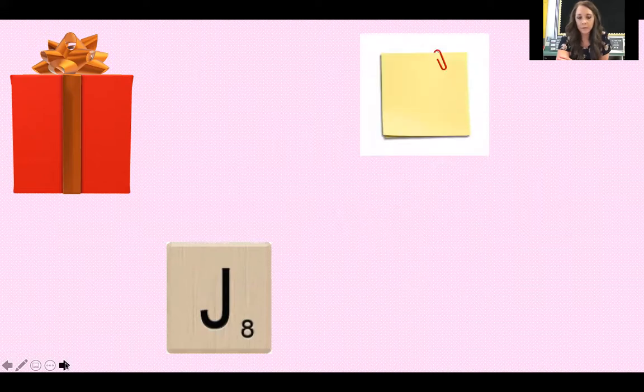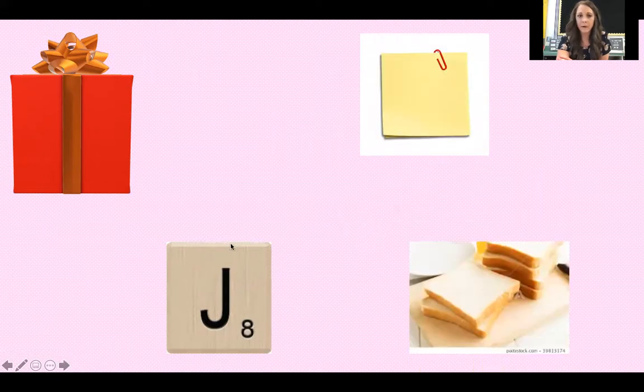Oh, there's a present. Ooh, I hope it's a birthday present for me. This is a Scrabble tile from a game called Scrabble. Ooh, a sticky note and some bread. All right, the first thing I want to figure out about the shape is how many sides it has.